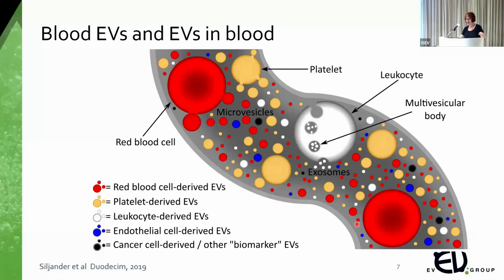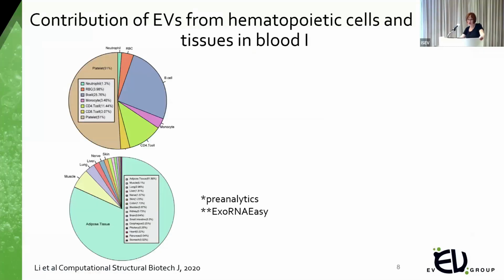So there have been few studies that have gone about trying to understand the contribution of different cells to blood EVs in a different way, and this is by analyzing the content. There is a study that is analyzing the RNA, and then there is analysis of the proteins. And I just really shortly explain what this is about. So in this paper, the researchers isolated the EVs and then the RNA content, and then they used very fancy bioinformatic technologies and analysis to deconvolute the data, and therefore to detect the source origin of the cells that were contributing to the EV populations.